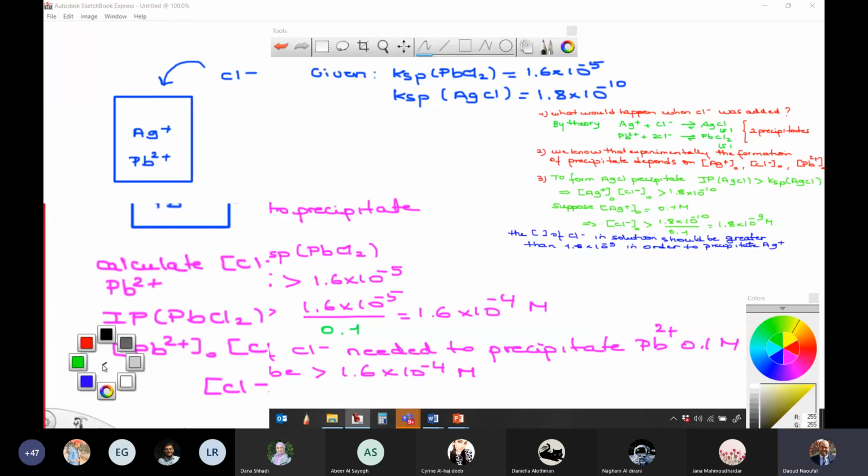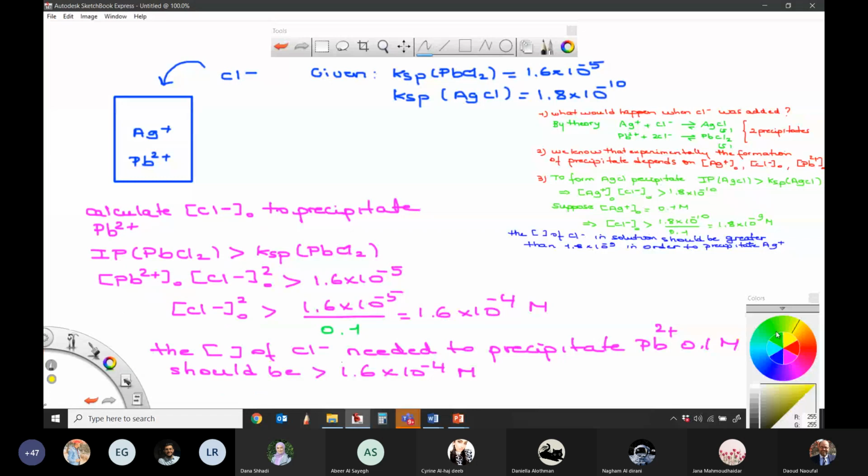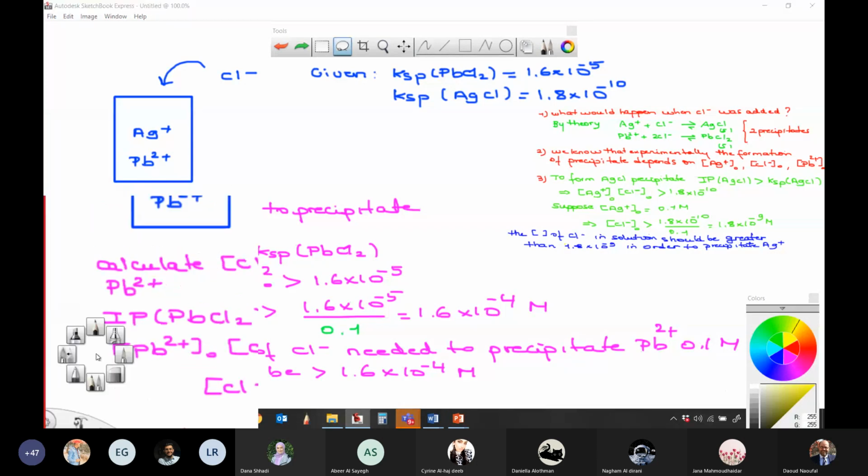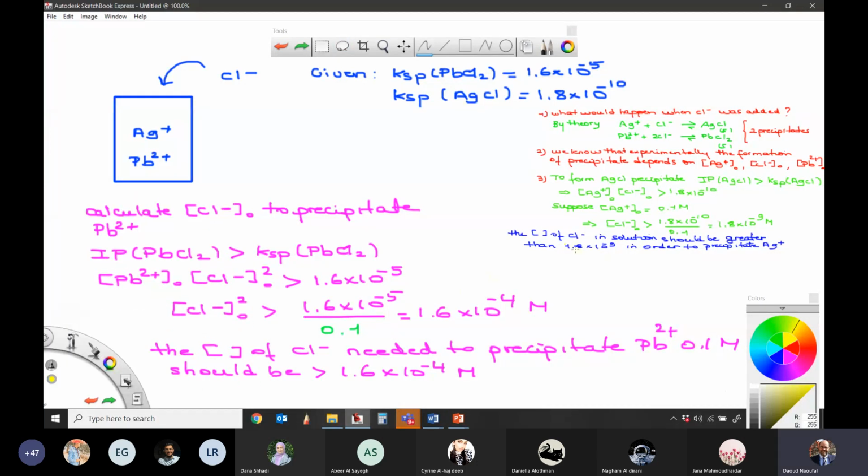Cl- needed to precipitate Ag+ is 1.6 10 minus 9.